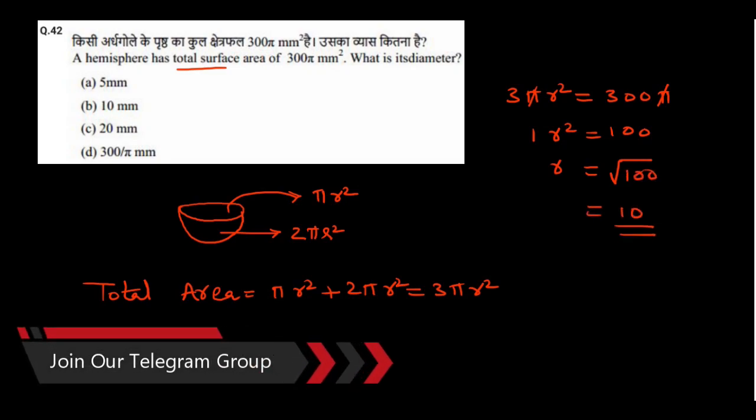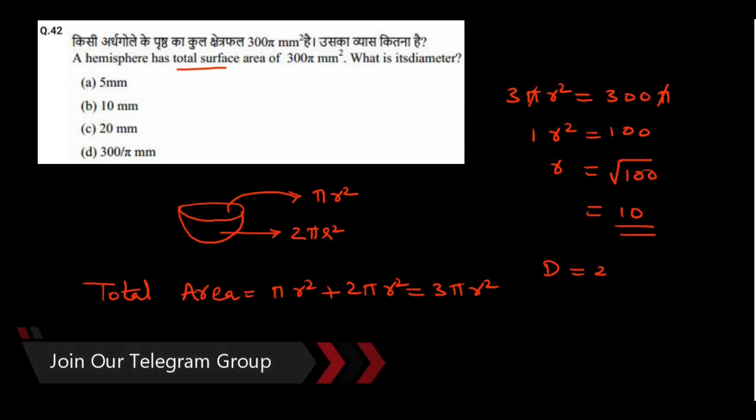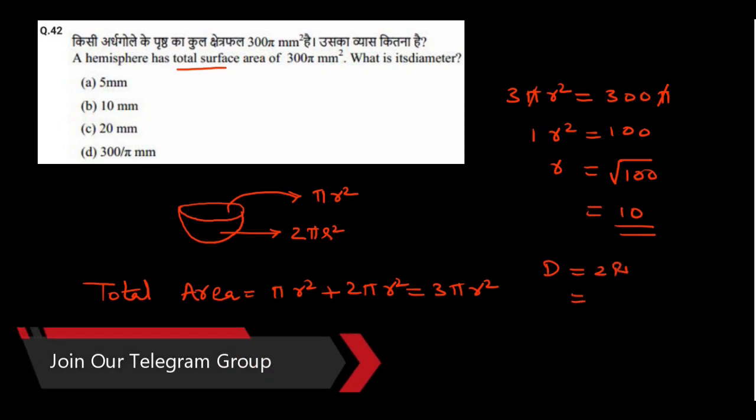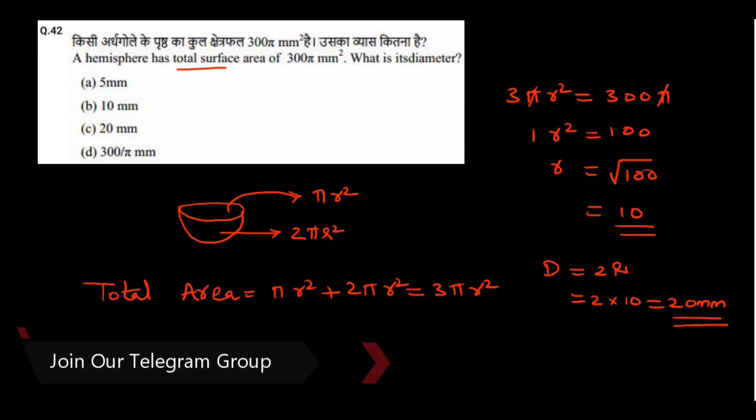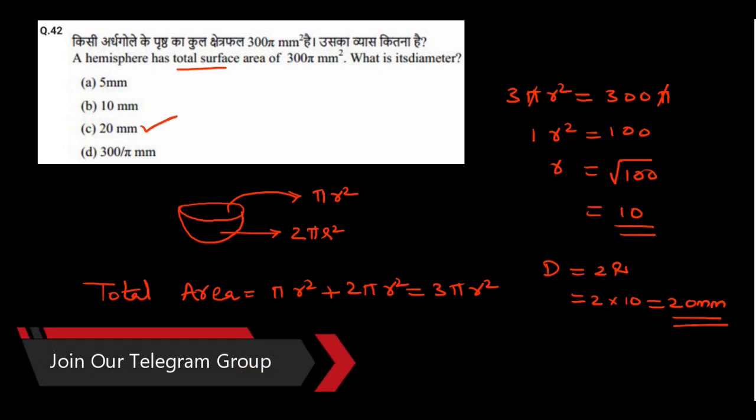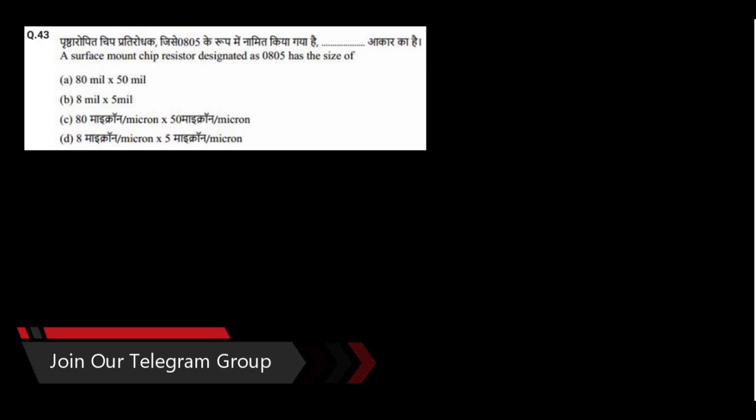What we need is the diameter. Diameter is equal to 2 times the radius, 2r. So 2 multiplied by 10 is 20 mm. So the answer is option C. Next question.